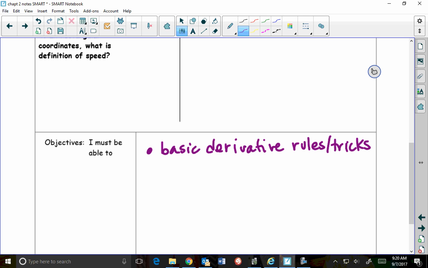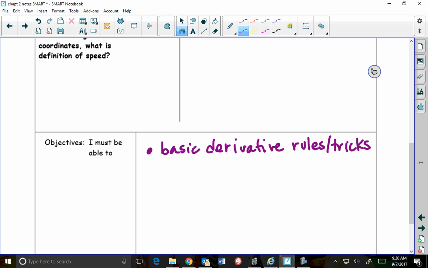I like to call them tricks because they're not the whole formal limit definition. Everything we do, we could do with the formal limit definition of a derivative. All of these come from it. So yes, these are tricks, but they are rules that we get from that.